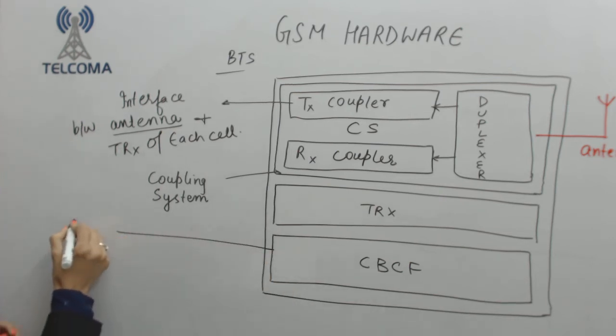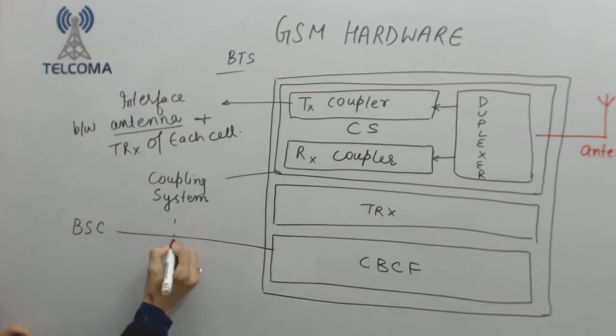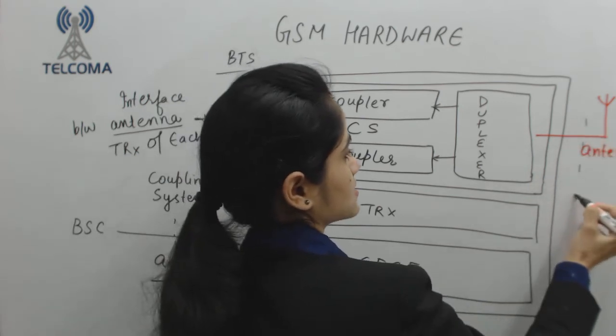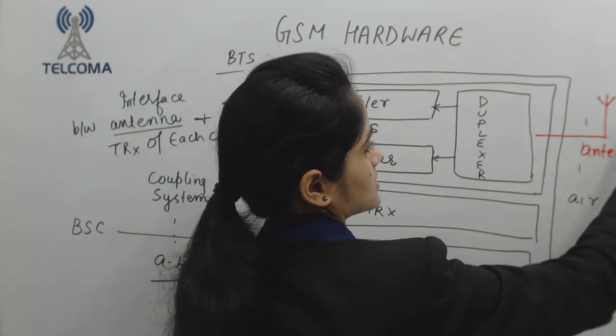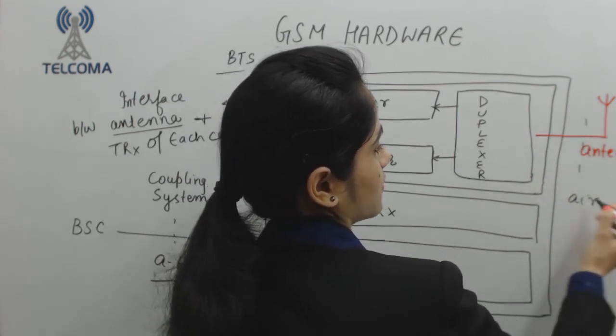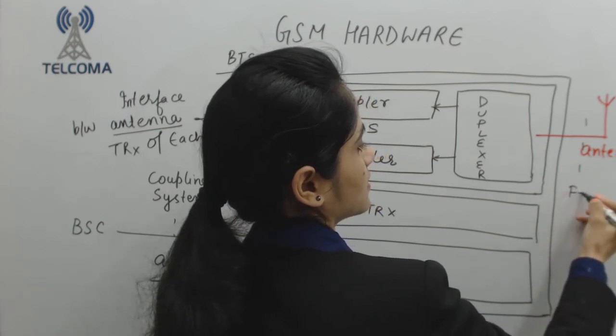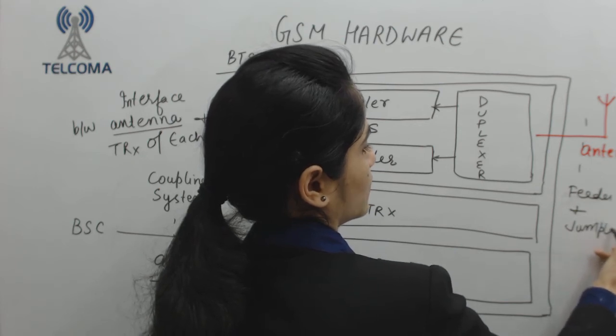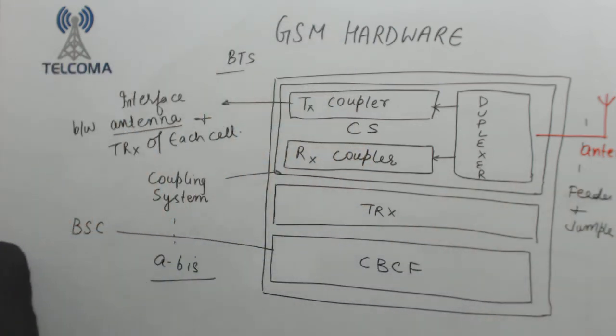Now it is connected to the BSC and this interface is the Abis interface. And this interface is the air interface. Now we have a feeder and jumper connectivity with this.